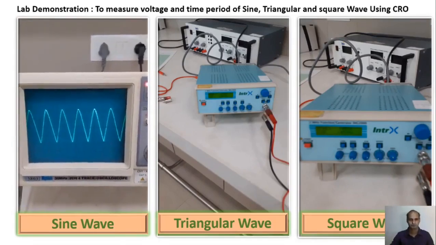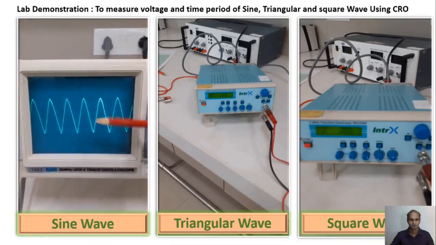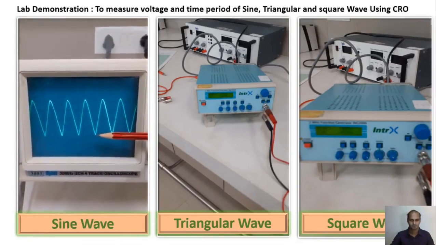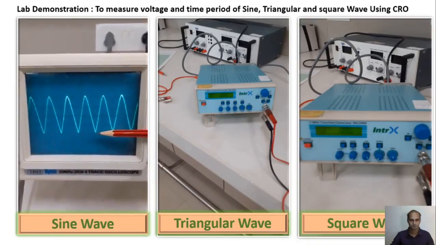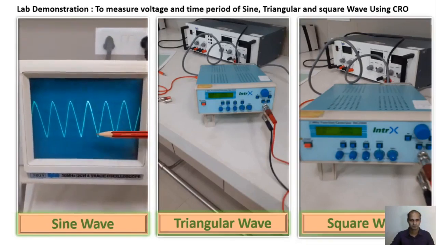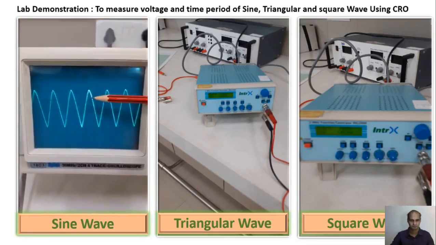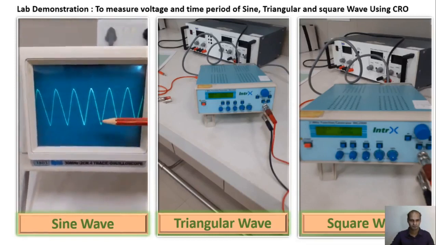To calculate voltage, I need to count these divisions. If I see my peak-to-peak voltage, from the top peak to the lower peak, it has 1 division, 2 divisions, 3 divisions and 4 divisions.